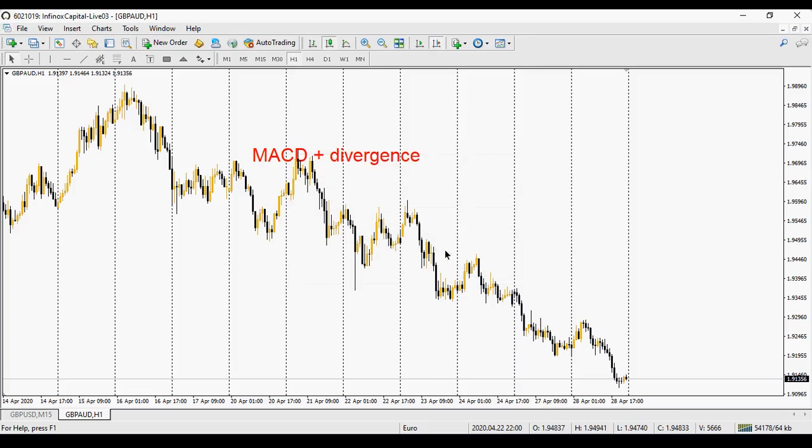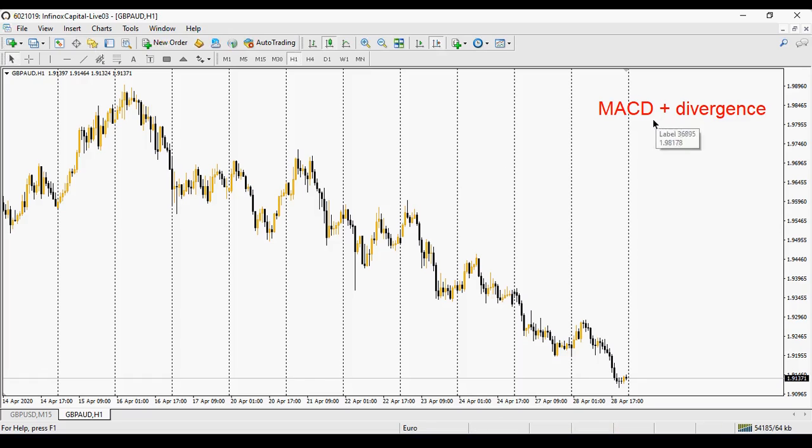MACD plus divergence. Now, some people don't trade anything other than this, and they've been successful in their trades. At least in a day, they will see one or two powerful trades they can take with this strategy.